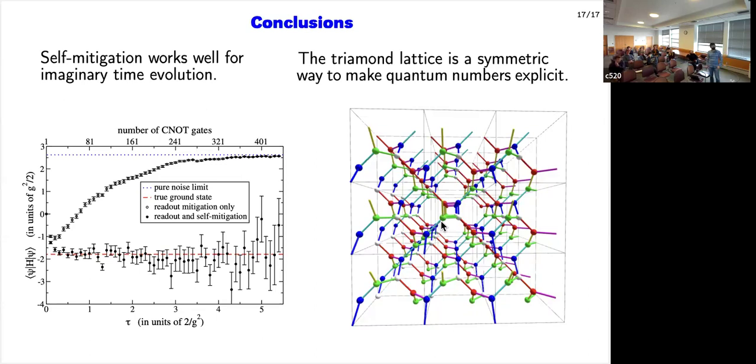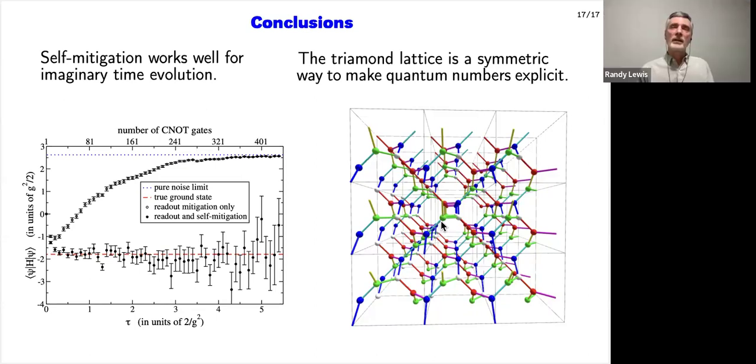I have a question about the self-mitigation technique. Have you seen that the technique works worse when you make the trotter step larger? That's an interesting question. When you say the technique works worse, of course, my answer will be less accurate if my trotter step is too big.